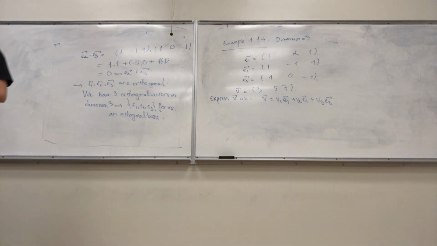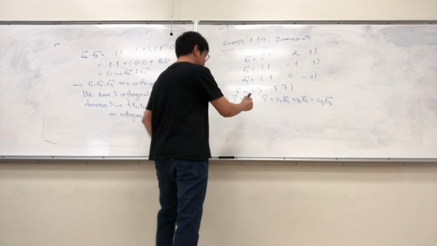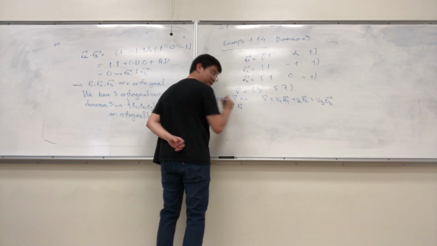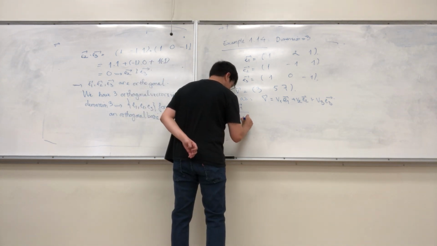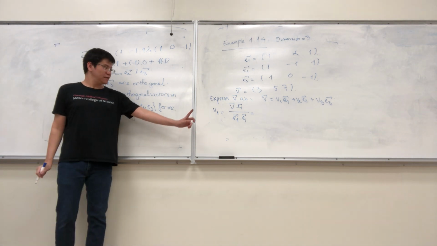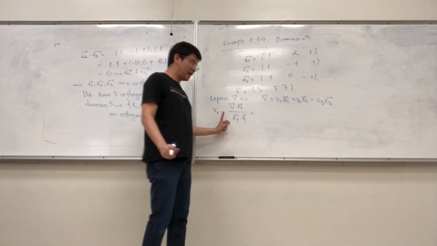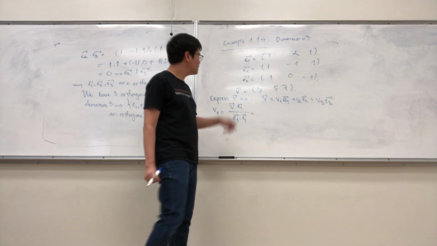So how do I compute V1? What I have is that V1 will be V multiplied with E1, dividing by E1 times E1. All right? So I compute V1 using the formula that we have before. V1 is V times E1 dividing by E1 times E1.